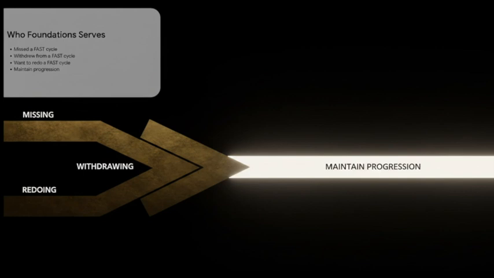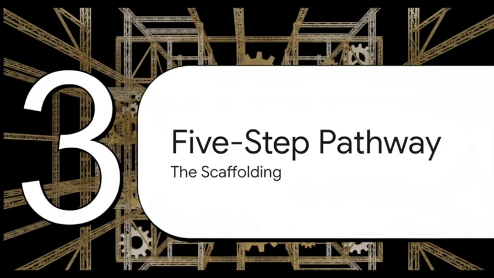Or maybe you started one and had to withdraw halfway through. Or, and this is super common, maybe you finished a cycle but you just want to redo it to get a deeper recognition and mastery of the material. The system anticipates all of this human unpredictability. It gives you a clear, structured path back so you can maintain your progression, pacing, and alignment without missing a single beat.